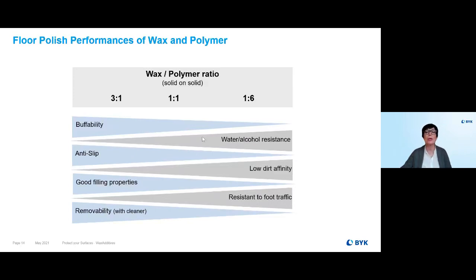Water and alcohol resistance, low dirt affinity, and resistance to foot traffic belong to the polymer performance, and the wax gives you buffability, anti-slip, filling properties, and removability. Depending on the chemistry of your polymer, it will make sense to look for the best balance of both products.